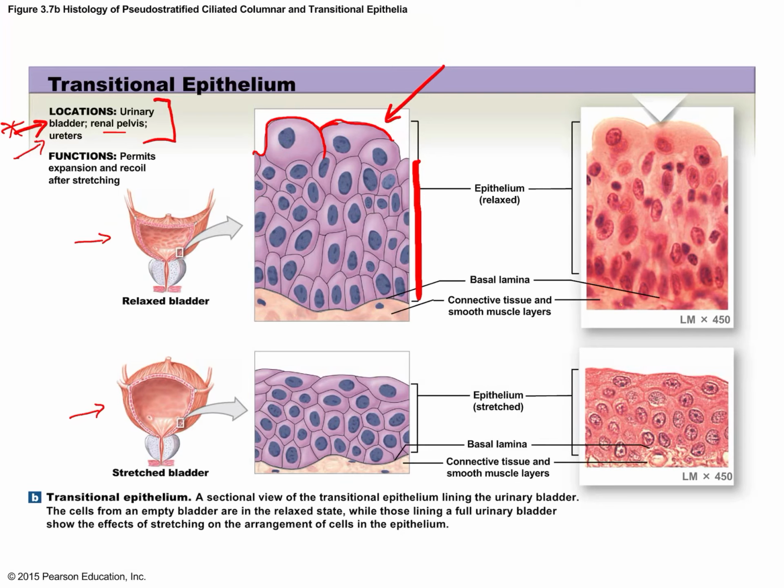These are called umbrella cells, or dome-shaped cells. And then when they get stretched, you notice that it flattens out. It's kind of like a pleated skirt where you have extra tissue and then you pull it taut and it goes away.